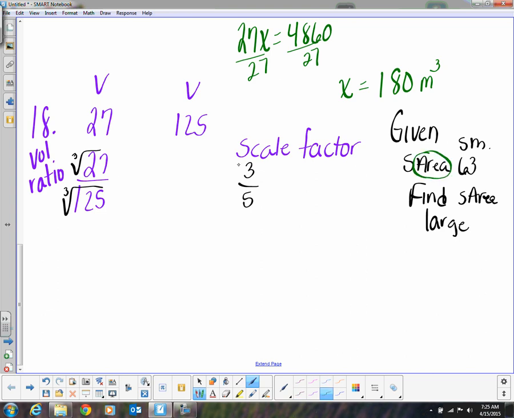Area. What do I do to scale factor to go to area? Square it. What's 3 squared? What's 5 squared? 25. Okay, am I going to put 63 on top or on the bottom? Okay, if you did not bother to read that it was the smaller one, would you really know? No. So 63 goes on top and x goes on the bottom.